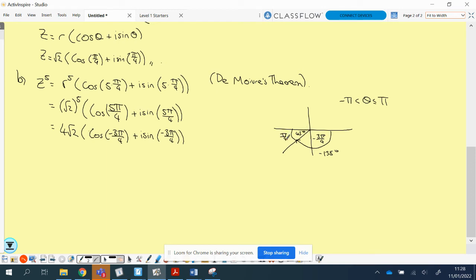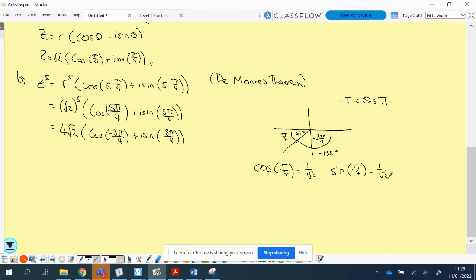So it's going to be the same value, just the other way about, using your CAST diagram information. And we know what cos and sine of pi over 4 are. Cos of pi over 4 from your exact value triangles is 1 over root 2, and sine of pi over 4 is 1 over root 2 as well.